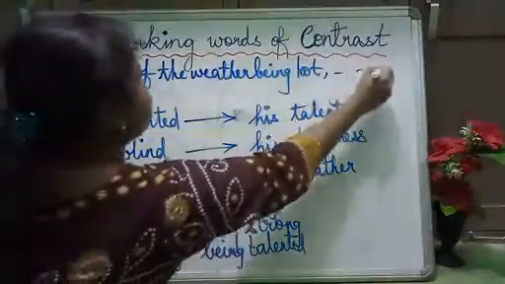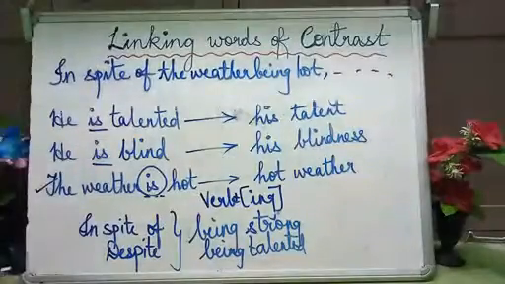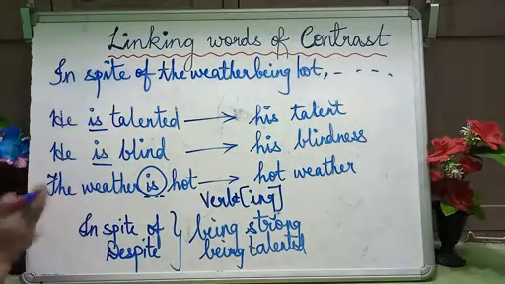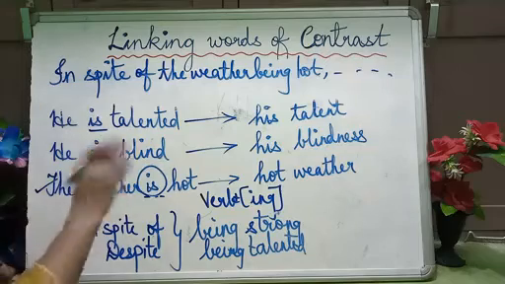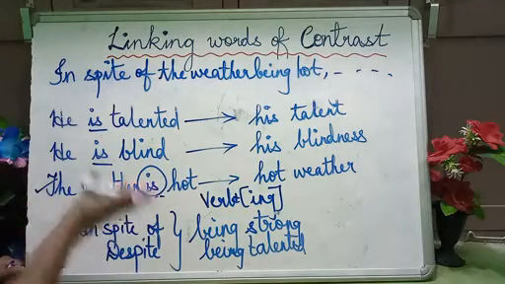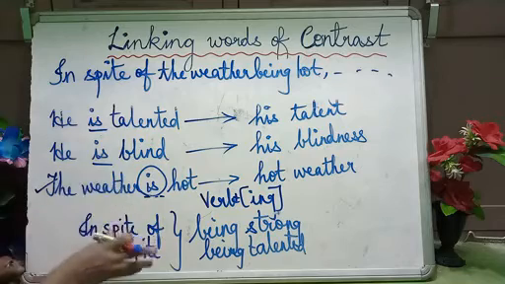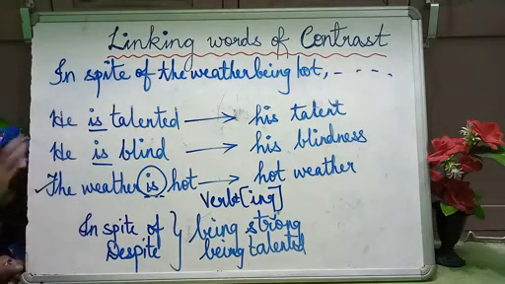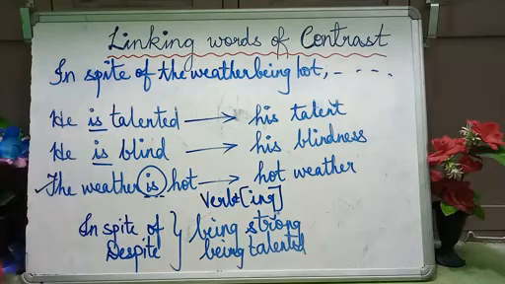Then whatever it is, you will end the sentence. Understood? So these are the rules. These are the changes you need to make. So this is the definition. I have explained to you in detail how you have to make changes when you are asked to join the sentence using in spite of and despite.